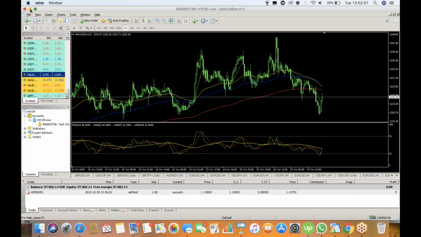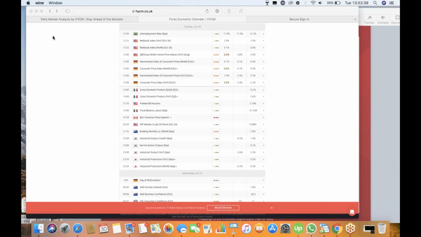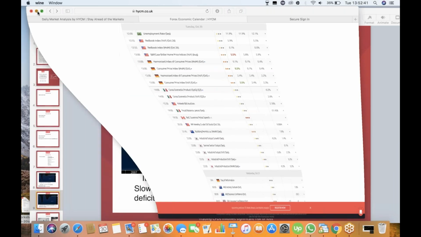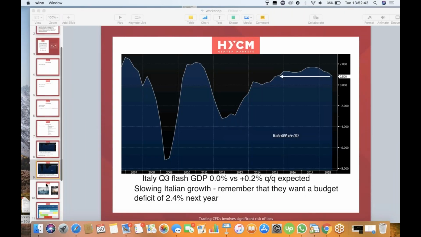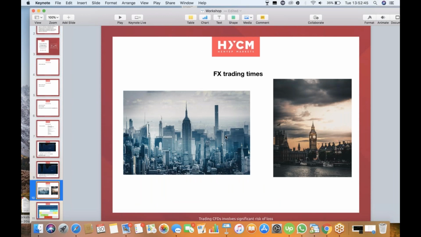Okay, so now we'll go to a quick learning point, which is the times to trade the foreign exchange markets. When you trade the foreign exchange market is very, very important, because there are better and worse times to trade the foreign exchange markets.